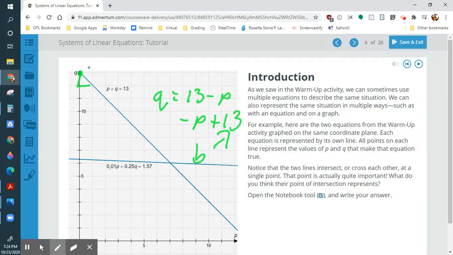And if we do it for quarters, well, it's a little more complicated than that. What's going to happen is we have 0.25 times the quarters equals negative 0.01 p, because I'm subtracting 0.01 p from both sides, plus the 1.57, and then I have to divide it by q.